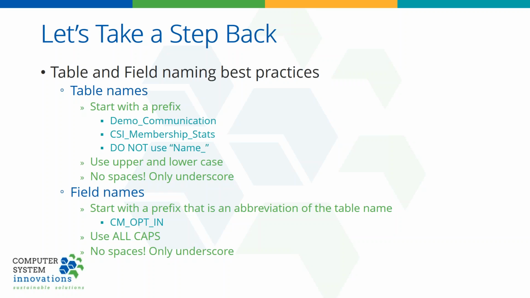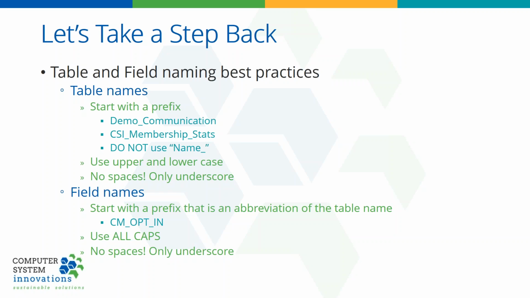So for tables, I always say let's start with a prefix. Demo, standing for demographic, is the typical prefix for custom tables. That pretty much guarantees you're not going to name a table the same as what ASI is going to name a table. So you want to make sure it has a prefix. If it's demo, if it's your company acronym, whatever it is, just make sure it's unique and you're consistent with naming your tables.